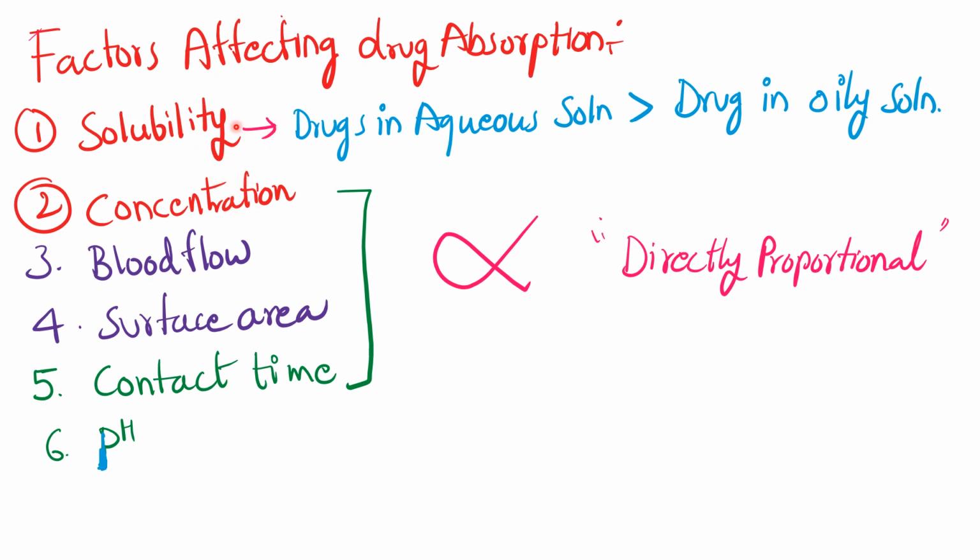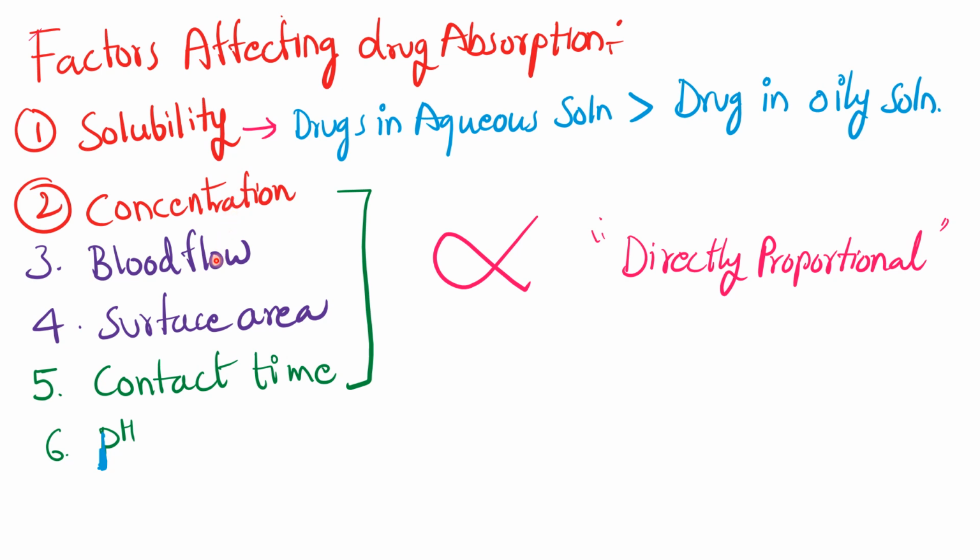A drug that is more soluble will dissolve faster and more completely, which can increase the bioavailability and improve its absorption. Now concentration. The concentration of the drug at the site of absorption can also affect absorption. Generally, a higher concentration of the drug will result in more rapid absorption, as there is a greater driving force for the drug to cross the cell membrane into the bloodstream.